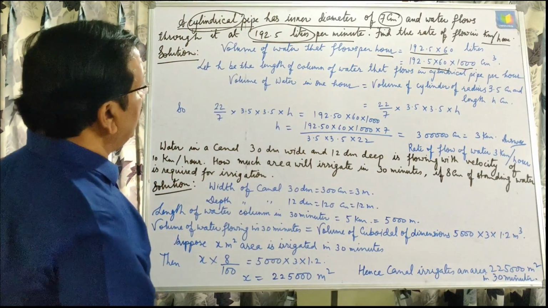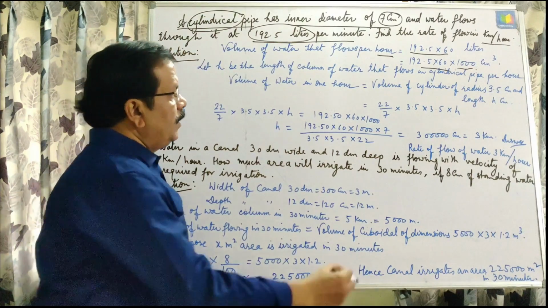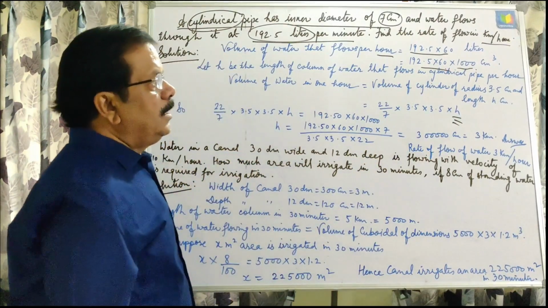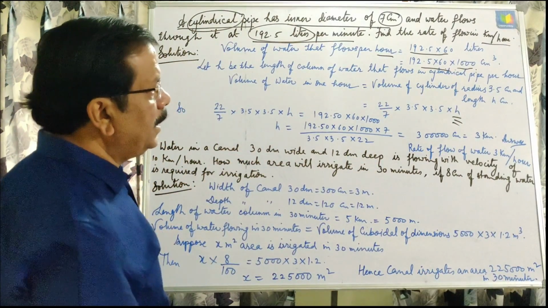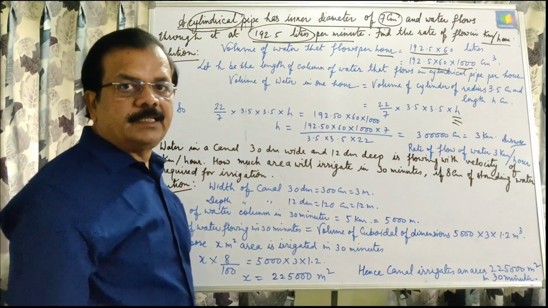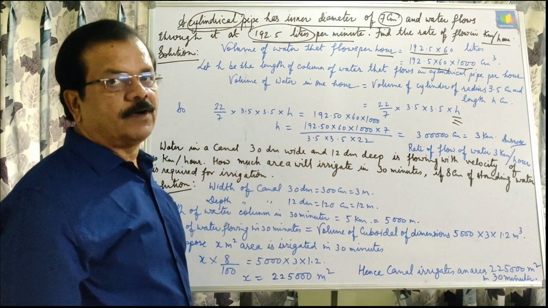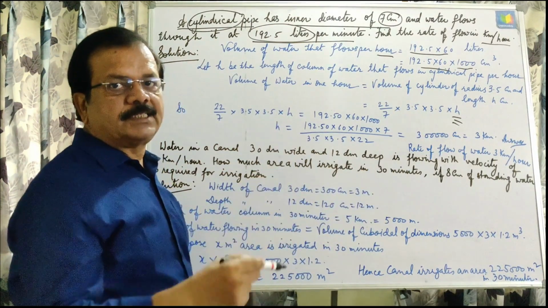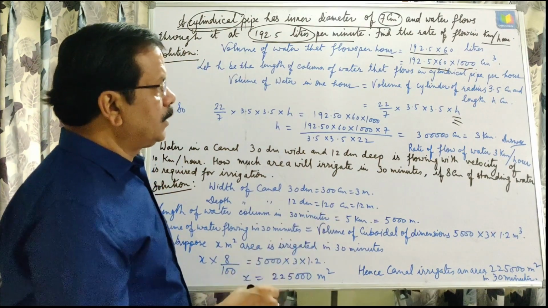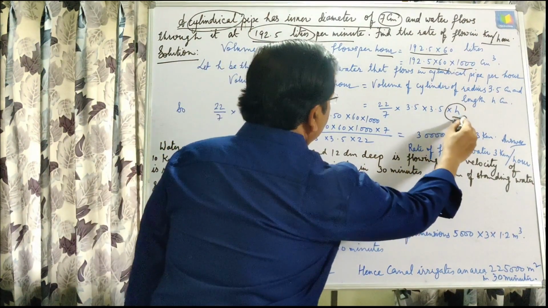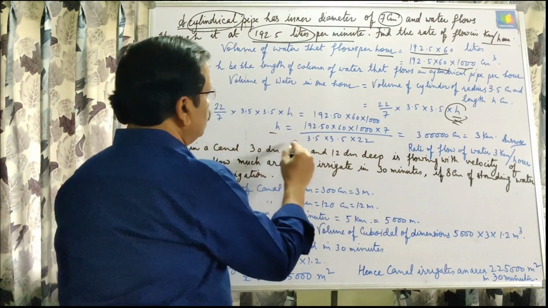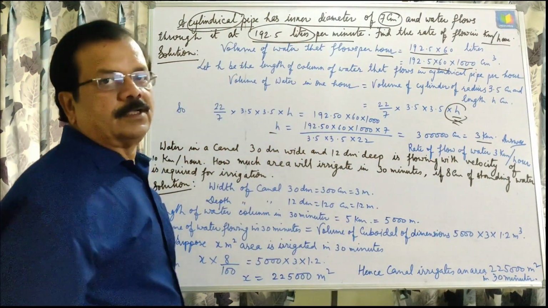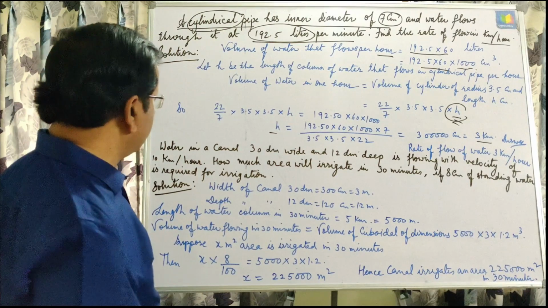The volume of this pipe at any instance will be pi r square h, where h is the length of water flowing in 1 hour, because the dimension of the pipe will not change, only the length will change according to the flow of water. Both values will be equated to get h, and this is 3 kilometer per hour. Now next question is also almost the same.